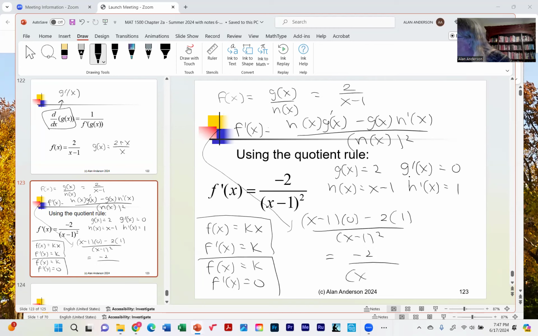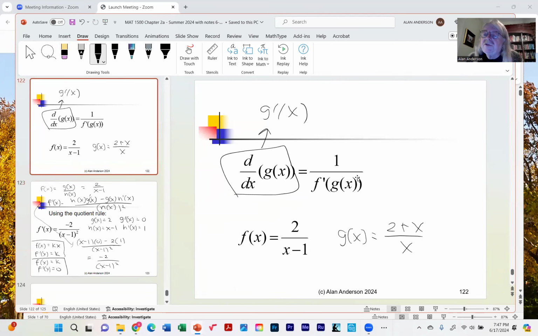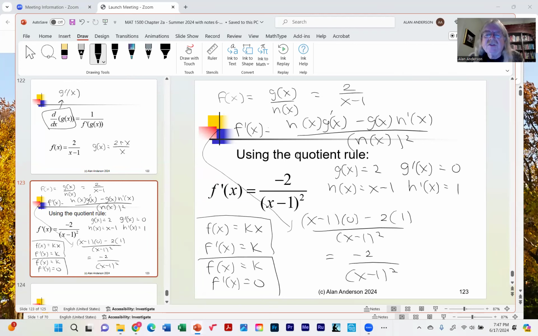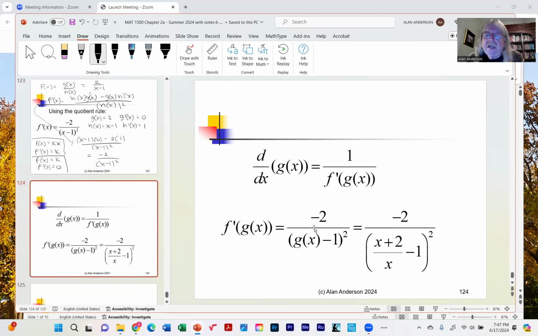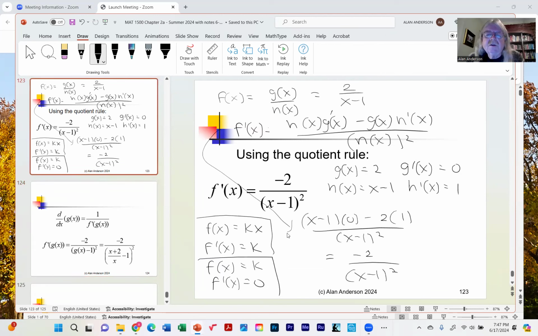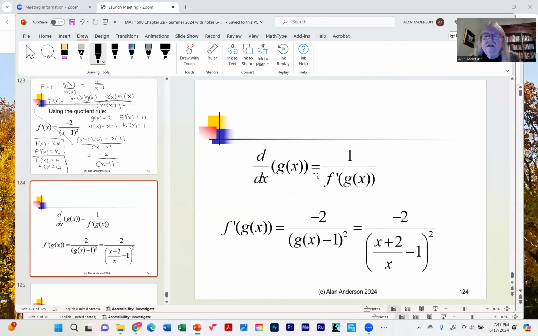Okay, so what comes next? That's f prime of x, but we need f prime of g of x. So we take this expression and we replace the x's with g of x's, as you see right here. So let me copy this to the next slide.